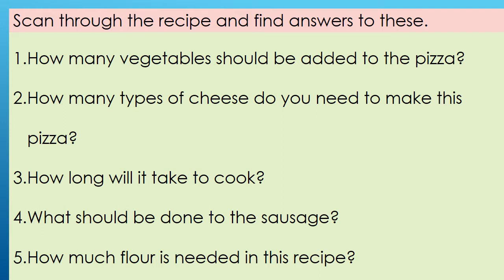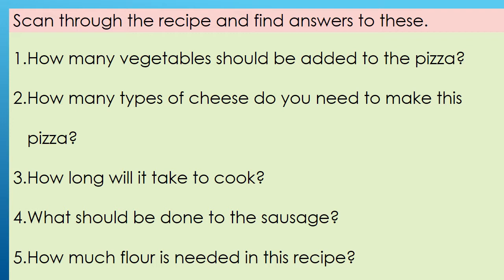When you are writing answers or finding answers for these questions, you do not have to skim because you know the general idea. The general idea is that the text describes how to make a pizza, but that doesn't help you to find answers. So you have to scan to find out the answers for these 5 questions.